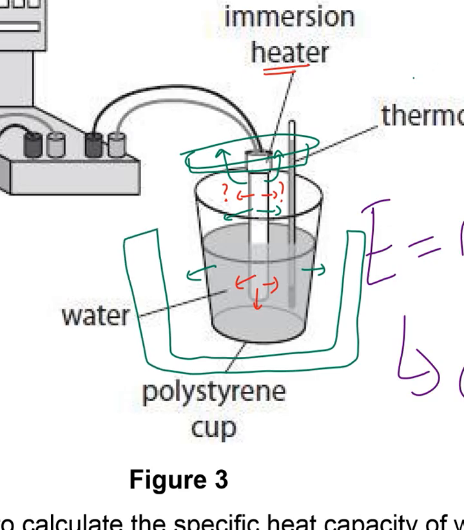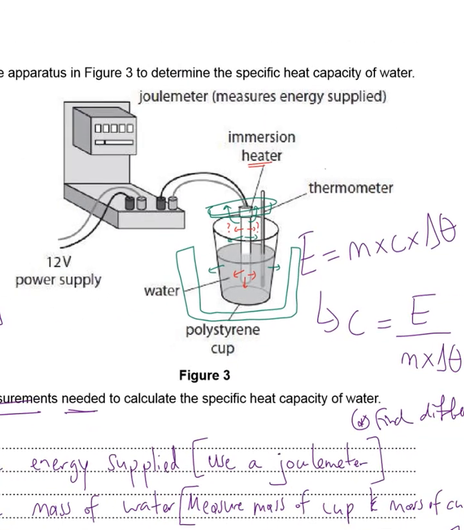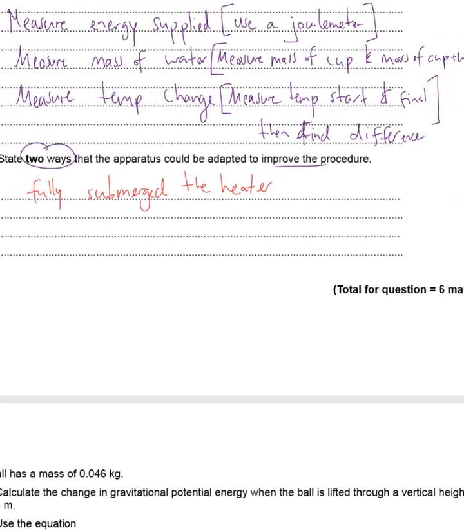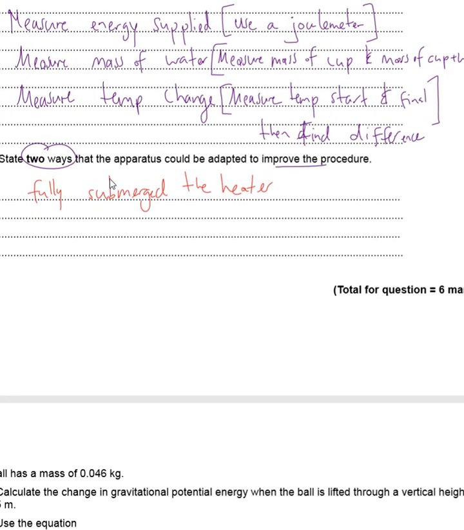So this is what we are going to add for our second point. The second point will be the following. We're going to add a lid, okay, or what we can do is we can also add insulation.